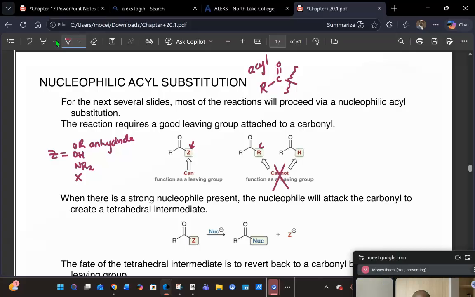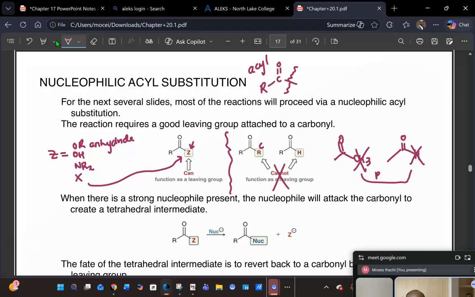Yeah, those ones can be replaced. But you cannot do that, say, with ketone. It cannot be replaced. Aldehyde, this cannot be kicked out. Those are poor leaving groups. That's why they cannot be replaced.